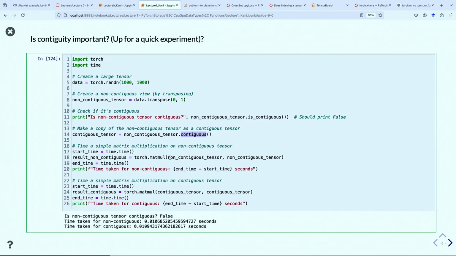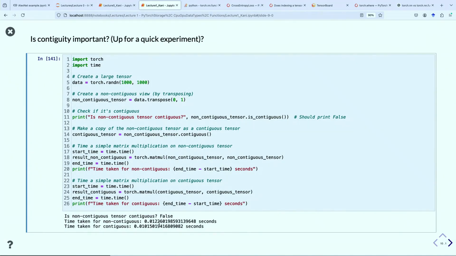And then all we want to do is matrix multiply the non-contiguous vectors together and matrix multiply the contiguous tensors together and see what we get. If we do this little experiment, we see a small but definitely noticeable slowdown for non-contiguous vector spaces.